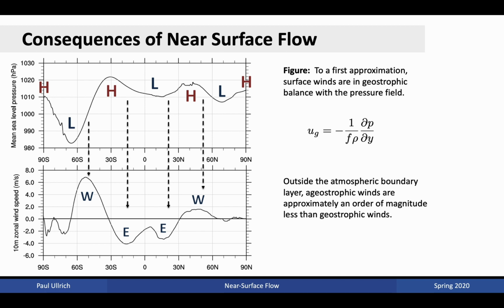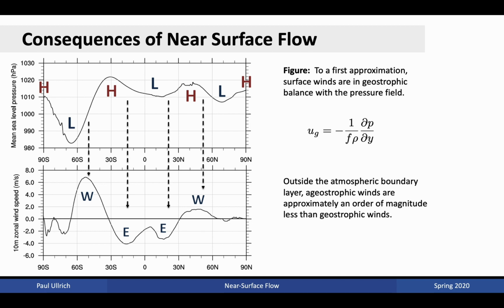But with this in mind, we know that wherever we see the pressure tending towards higher pressures, that is, if dP/dy is positive in the northern hemisphere, that should be associated with easterly flow, and where we see a reversal of that, namely if we see dP/dy negative in the northern hemisphere, then that should be associated with westerly flow.